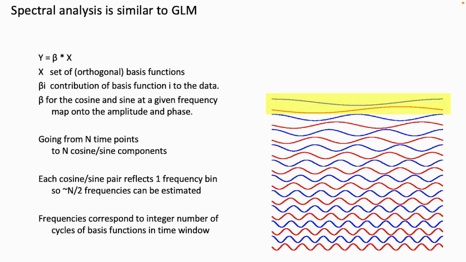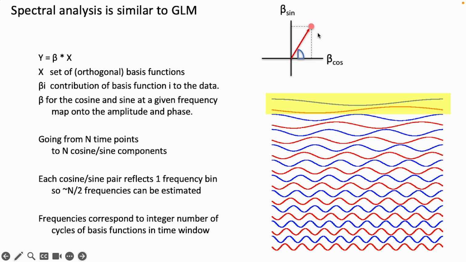If we now look at one pair, one cosine and one sine, then they can be mapped onto a plane with the cosine along the horizontal axis and the sine along the vertical axis. For both the cosine and the sine, we have a certain beta value. These two beta values together form an arrow.